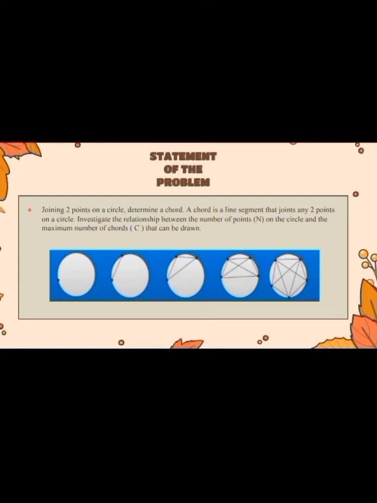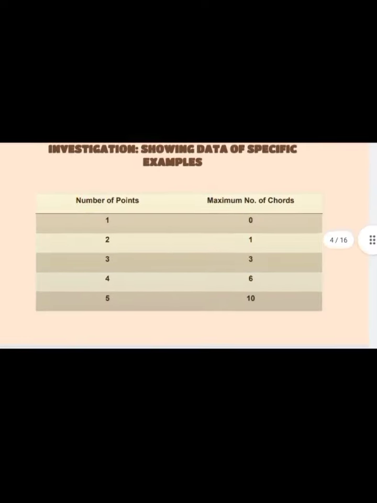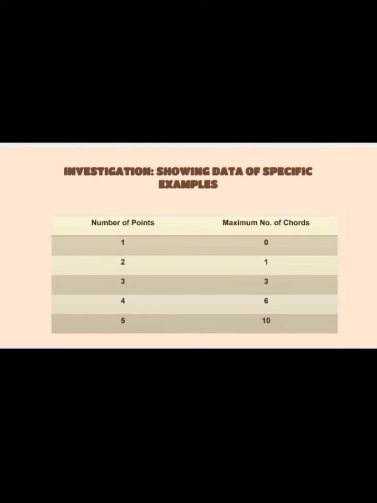In the third circle, there are 3 points with 3 chords, and in the fourth circle, there are 4 points with 6 chords, and in the last circle, there are 5 points with 1, 2, 3, 4, 5, 6, 7, 8, 9, 10 chords. So here's my investigation showing data of specific examples.